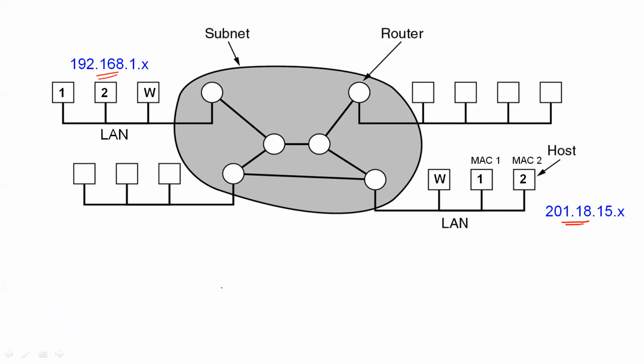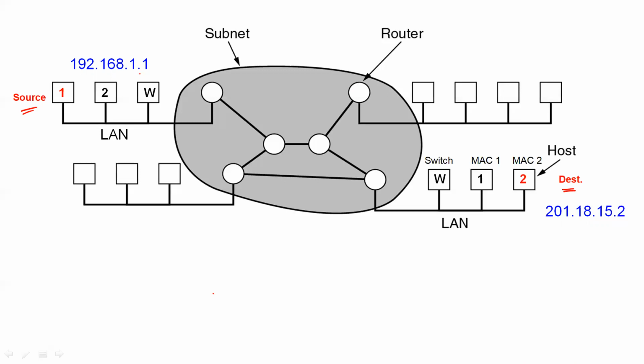Now let us send some data from LAN 1 to LAN 2 and see how it goes. This is the switch we have, and each and every system has a MAC address as well. For the time being, I'm giving MAC 1 and MAC 2; it is basically an alphanumeric value. This is the source and this is the destination. The source IP address is 192.168.1.1.